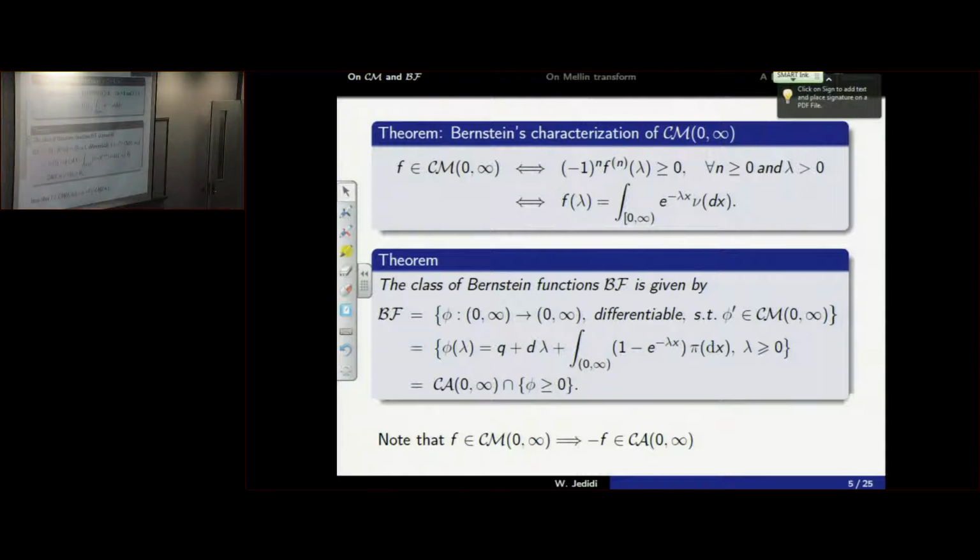As an example, take the Lebesgue measure restricted on R plus, denoted by dx. This family of measures obeys this convolution semigroup property.